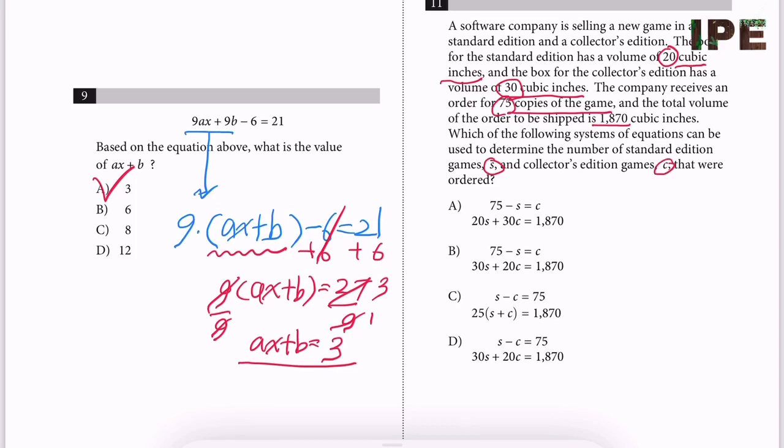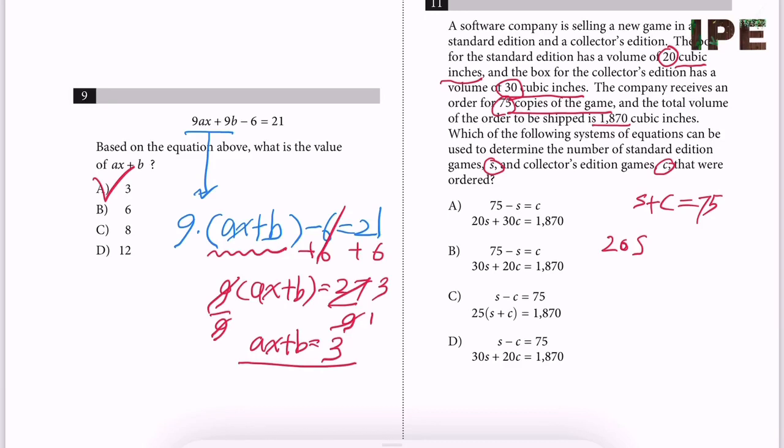Number 1, the company receives 75 copies total. So S plus C should be 75. And then the standard edition's volume for each is 20 cubic inches, and then S games, right? So 20S cubic inches is the total volume of all standard edition games.